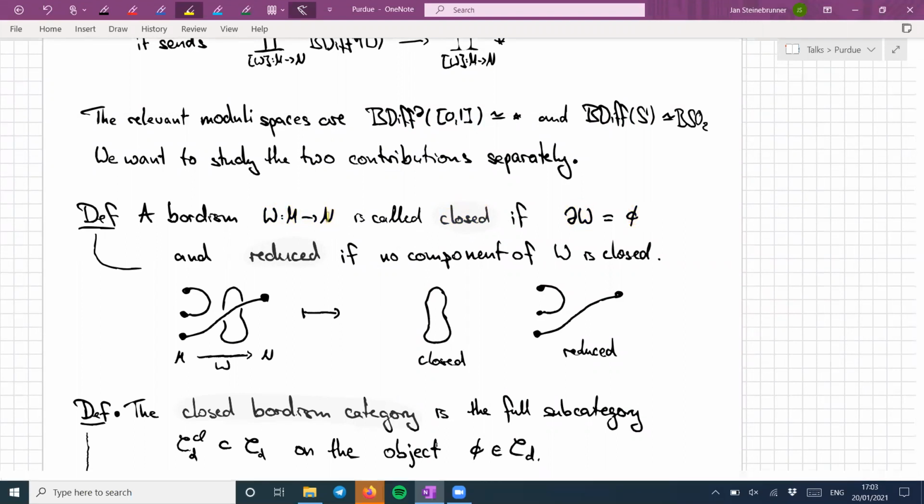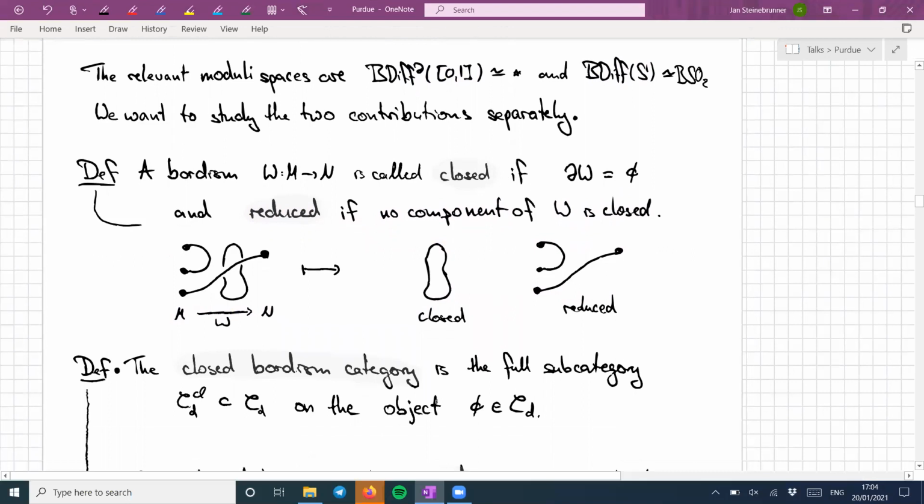As a complement, I call it reduced if none of the components of W are closed. This is defined in such a way that if you give me any bordism like this, then I can always decompose it into a closed part and a reduced part, and I can put them back together, and then they give me back my bordism W. So it's this very canonical decomposition.